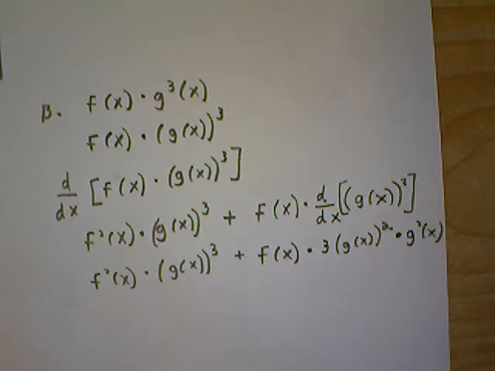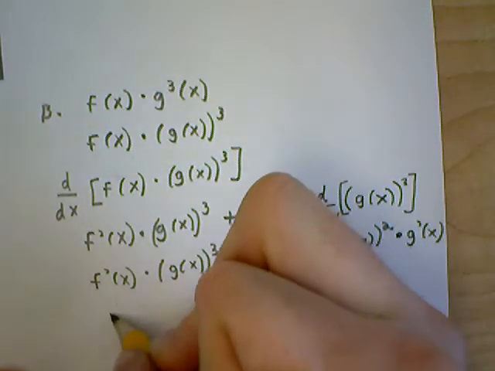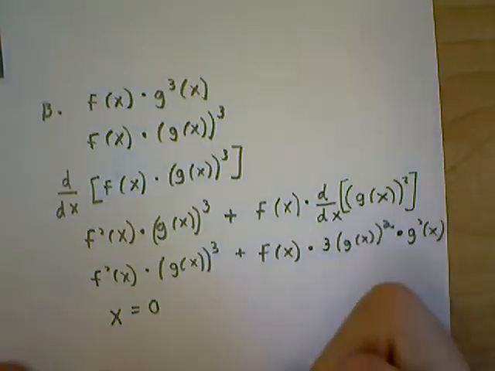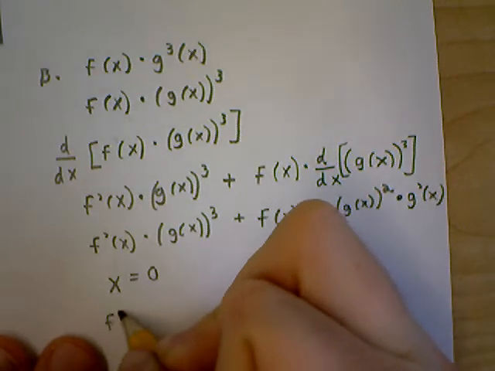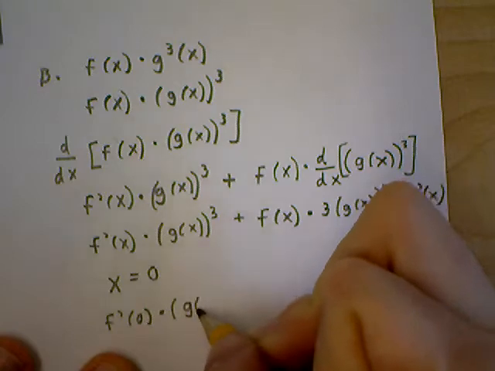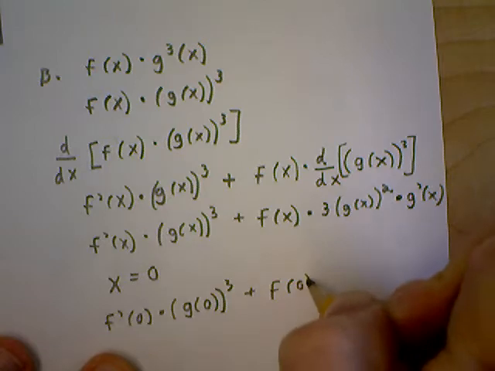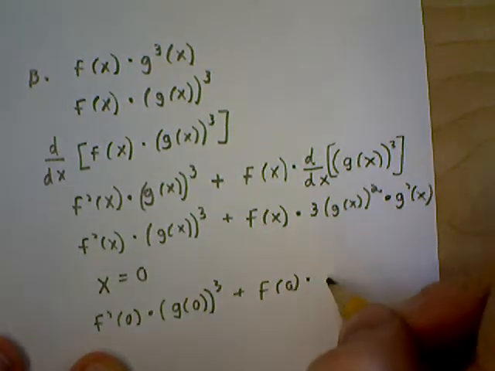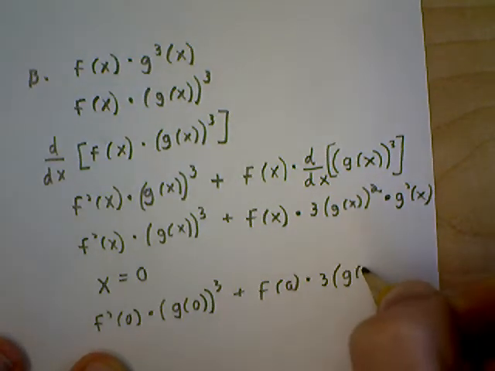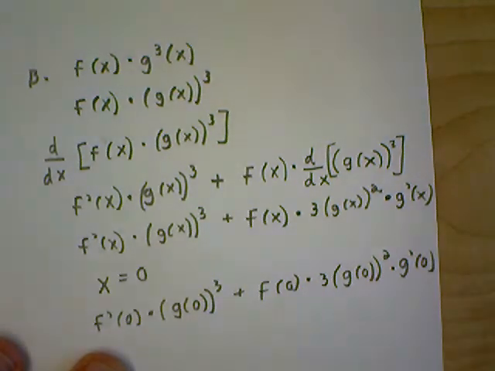Now, from here, what I'm going to do is go ahead and plug in my values. For this problem, I'm talking about when x equals 0. So plug in 0: f prime of 0 times g of 0 cubed plus f of 0 times 3 times g of 0 squared times g prime of 0. Now, let's go to our table.